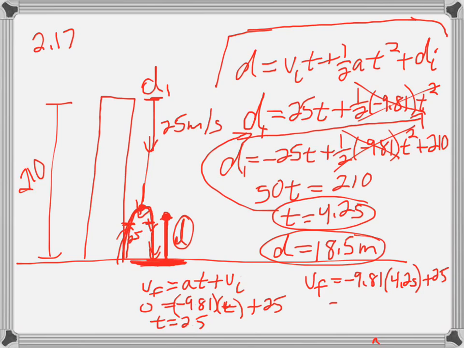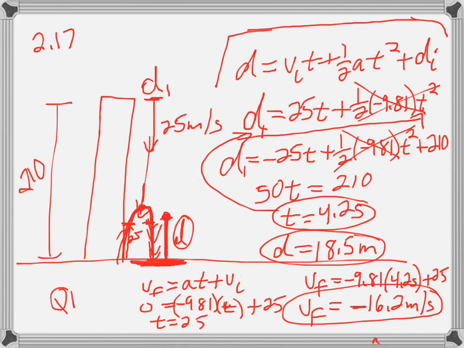And I could solve for a final velocity, and if I do that, I get a negative 16.2 meters per second. That's another way of knowing that it's actually on the way down because it's a negative velocity. So this cat has to be going back down when the cat fight began. So QED on that, and hopefully that helps you solve all your problems in your physics book.